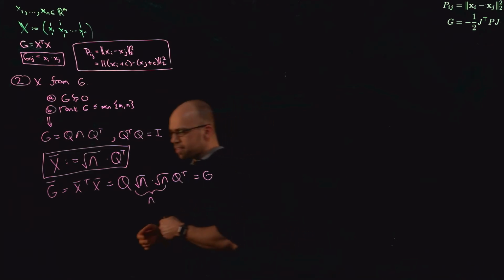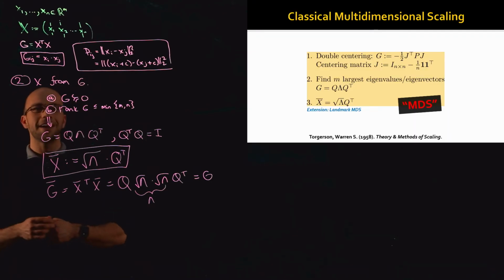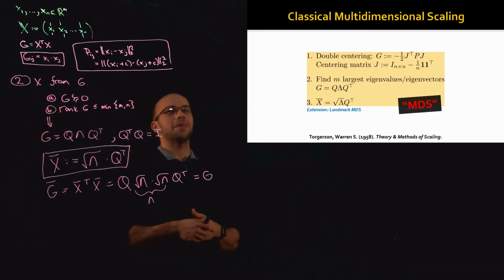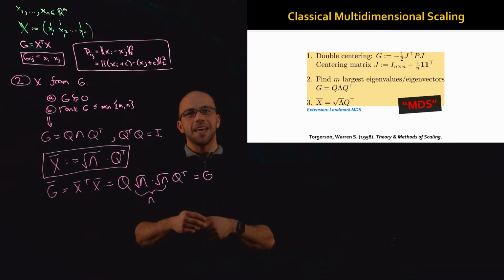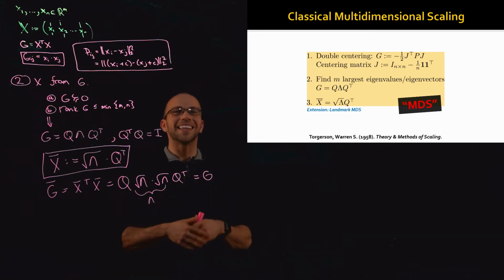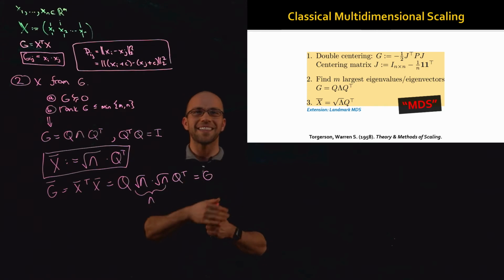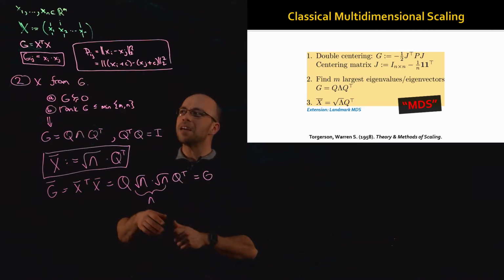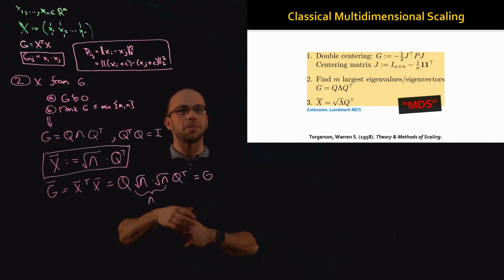Okay, so let's summarize what we've done, and we can do so by writing down an algorithm. This algorithm is extremely famous. It's called classical multi-dimensional scaling, or MDS. It happens in 3 steps, which are given on the screen here. Conveniently, I have managed to use the same notation on the board as we had on the slides. As input, we're given a pairwise squared distance matrix, and our task is to re-embed our points.